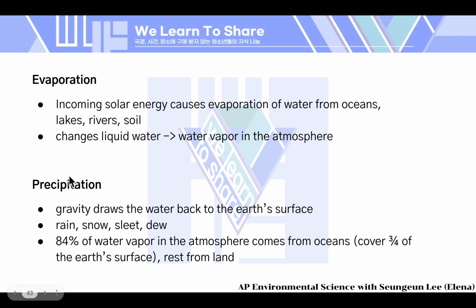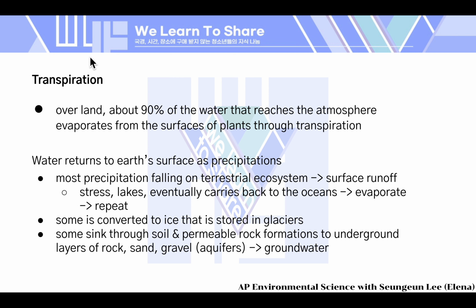And that's the process called precipitation. And then we have transpiration, which happens over land. Above 90% of the water that reaches the atmosphere evaporates from the surfaces of plants through transpiration. So it's kind of a cycle of evaporation, right? Evaporating from the surfaces of plants on the land.